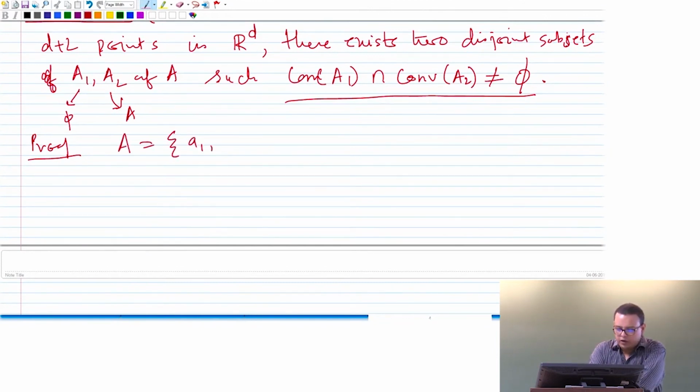If you have some doubts, let us say I call this set A, the points A1 to A d plus 2. I have d plus 2 points. Are they affinely dependent or affinely independent? Affinely dependent. If they are affinely dependent, there will be an x that has two representations.